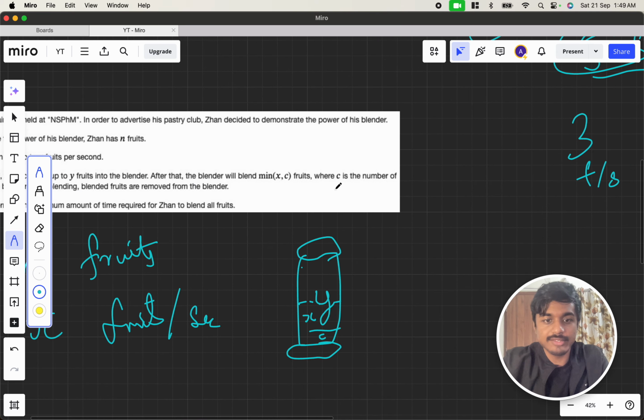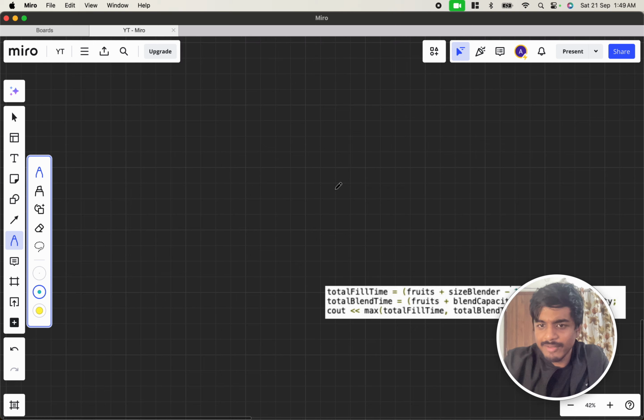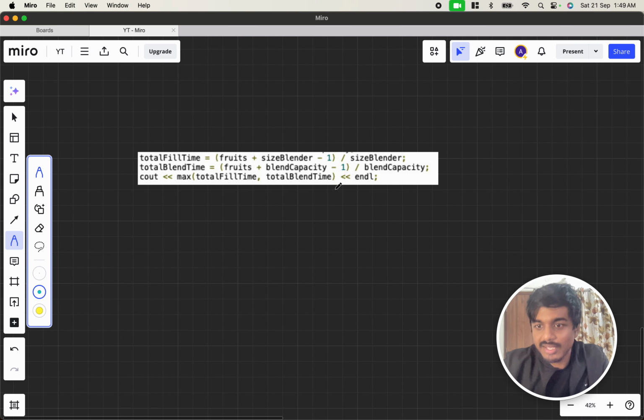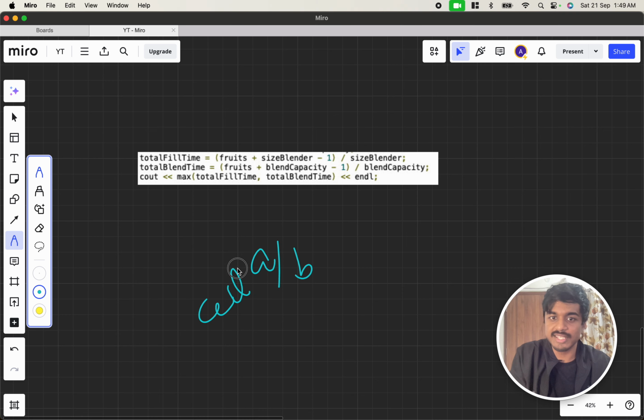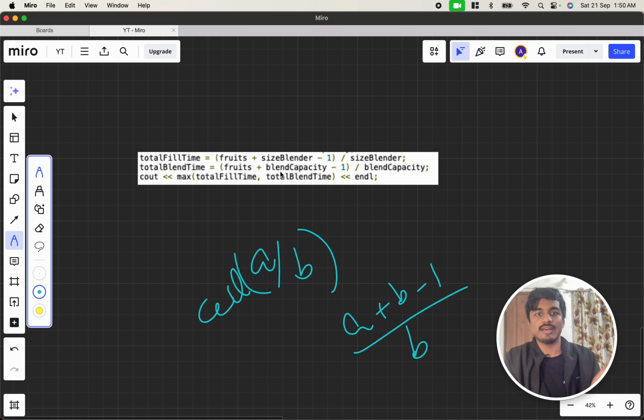As you see here, there can be many ways people use the ceil function. You can use the ceil function, or you can do a by b plus a mod b not equal to 0, and we can use this also. So this is one more formula: a by b ceil value is represented as a plus b minus 1 divided by b. So what I did was total number of fruits plus size of blender minus 1 divided by size of blender.